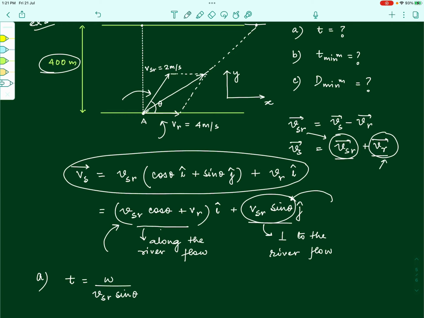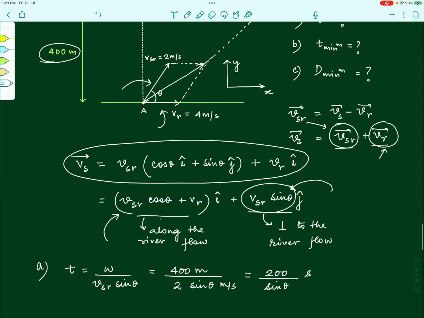Displacement by the speed will give us the time, and we can now substitute the values. W is given to be 400 meters divided by VSR, which is given to be 2 sin theta meters per second. So, from here we will get 200 by sin theta seconds, because theta is not given to us in the question. Our answer will come in terms of theta itself, right? So, this will be the time taken to cross the river.